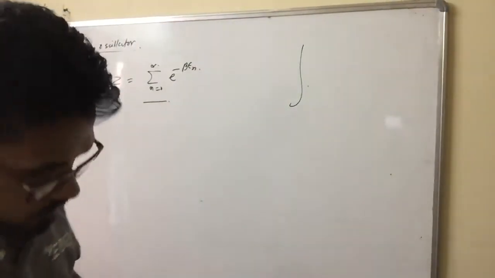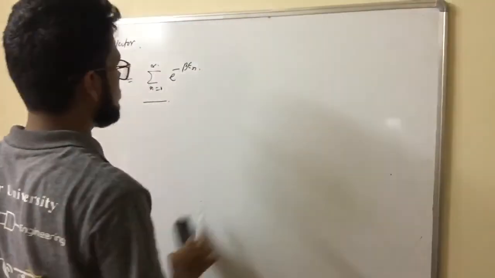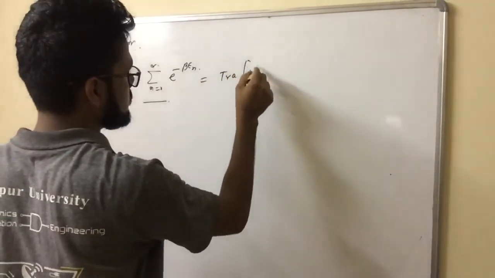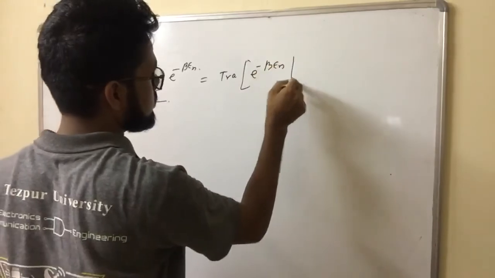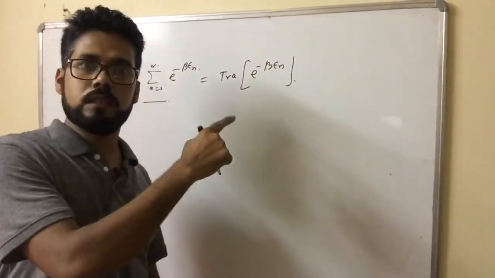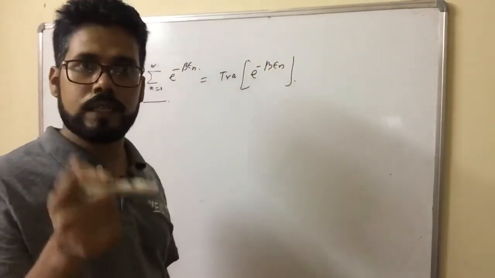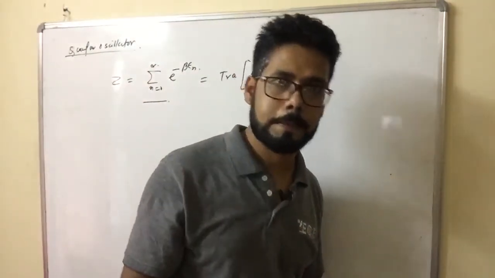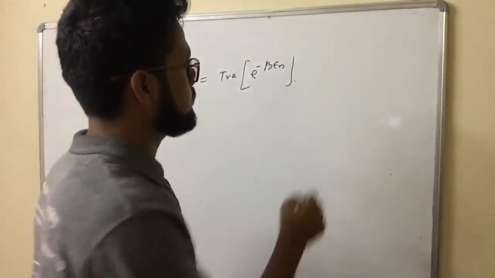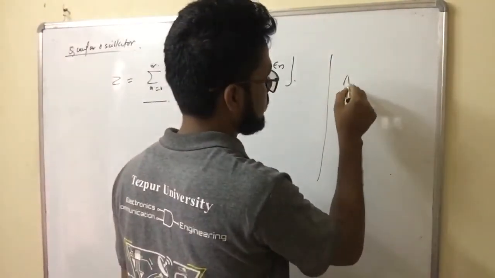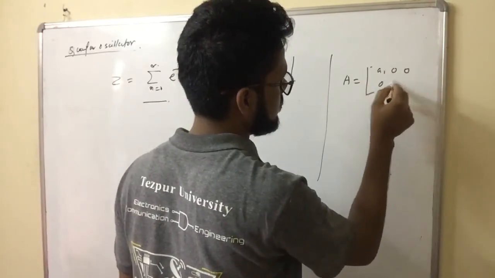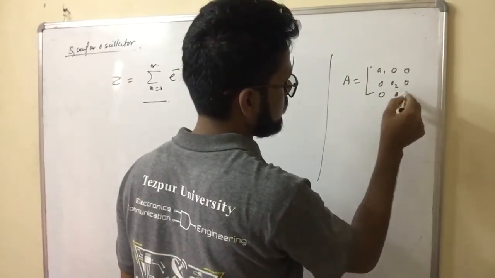And this is equal to, as I have already given you, the trace of the exponential matrix e to the power minus beta H. There are 3 forms of the partition function: one is integration form, one is discrete form, one is matrix form. That day I told you, suppose A is a 3 by 3 matrix, A1 0 0, 0 A2 0, 0 0 A3.